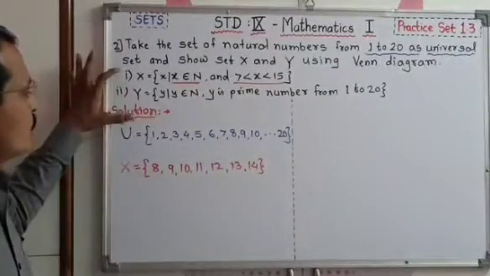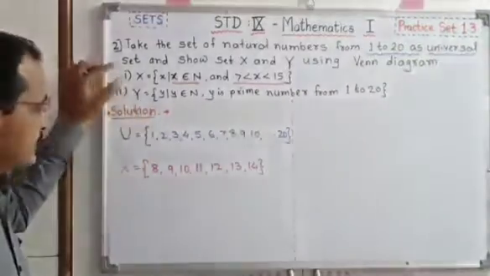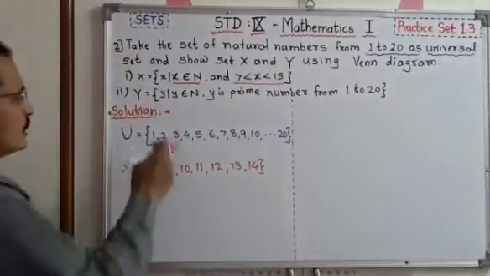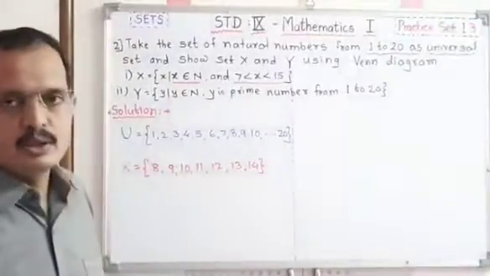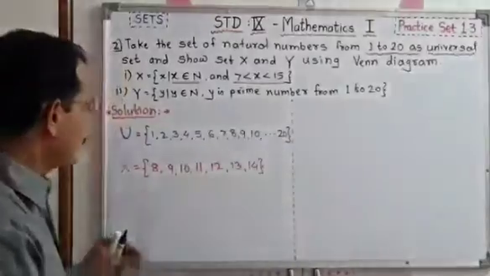Now first of all we have to draw the Venn diagram for set X. Now all of you know that to represent the universal set, we have to draw a rectangle.